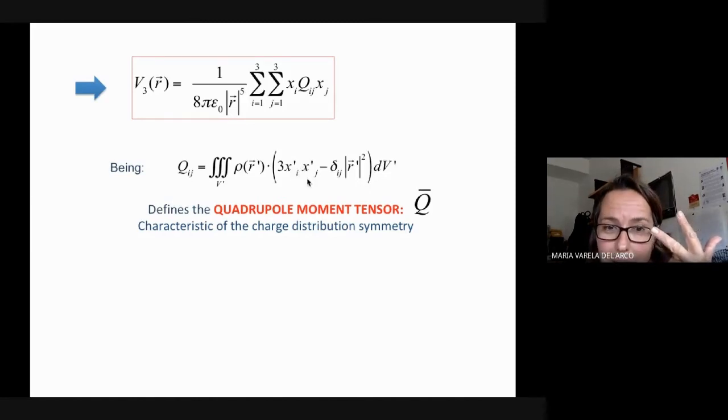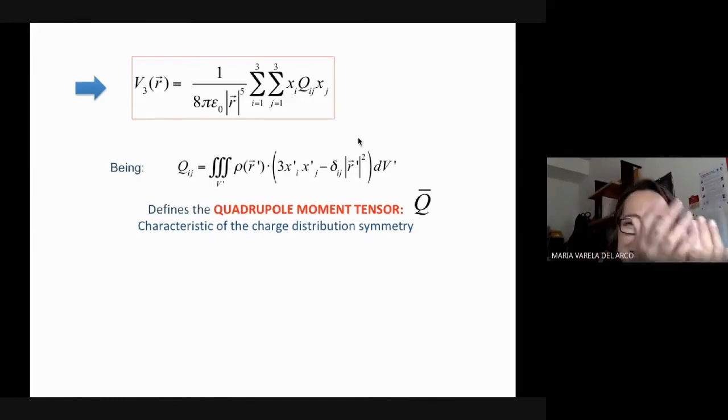So here what I have is basically products of things that depend on x prime, y prime, and z prime, and here I have the modulus of r prime, which is the square root of x prime squared plus y prime squared plus z prime squared. So these are just quantities that depend on the shape and the geometry itself of the charge distribution.